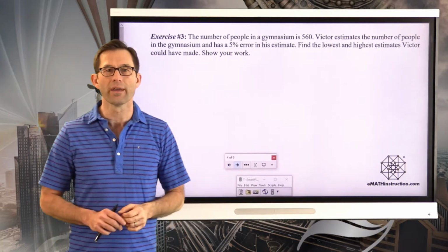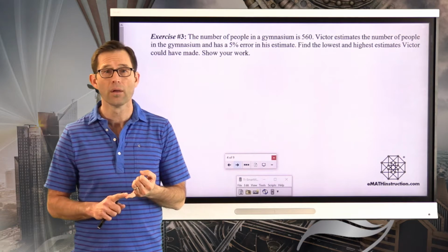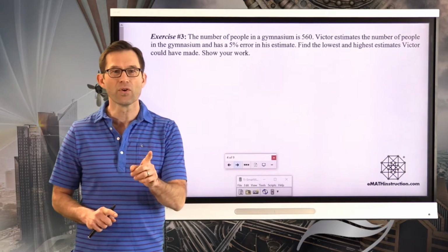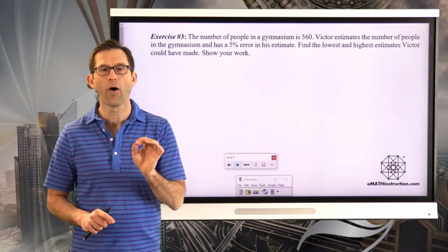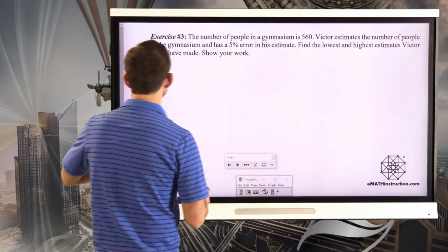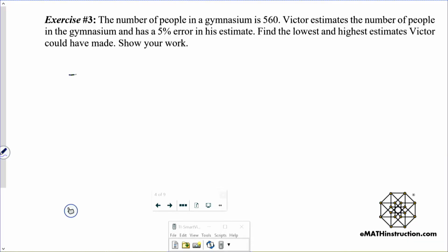So this is kind of like those problems where you're given the whole, you're given the percent, and you want the part. Except here, the part is how far off we are. So let's figure that out. That's actually pretty easy, right? The error is going to be 5% or 0.05 times 560.